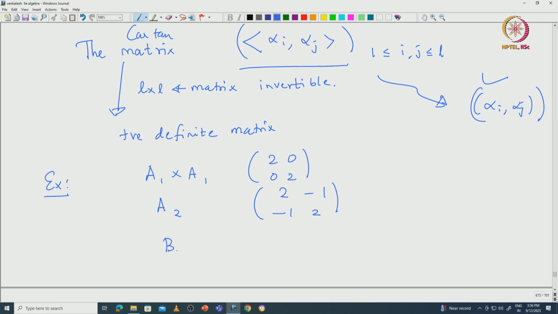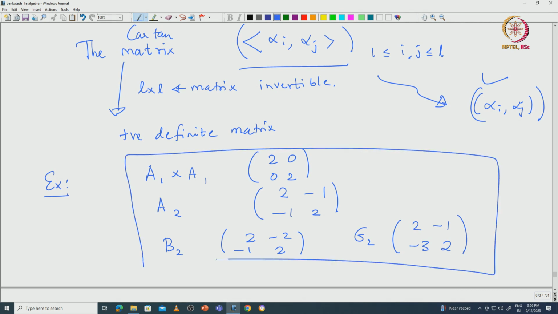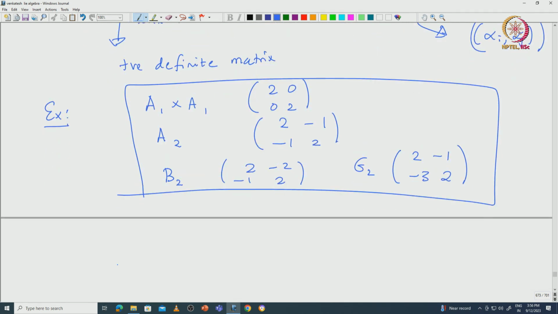Then B2 is exactly given by 2 minus 2 minus 1 2, and G2 is given by 2 minus 1 minus 3 2. Of course, there is some order that we are fixing. It is not that hard to figure out what order we are fixing.